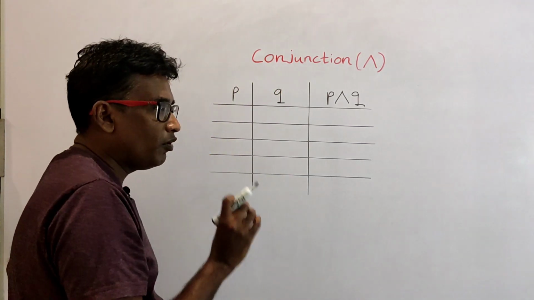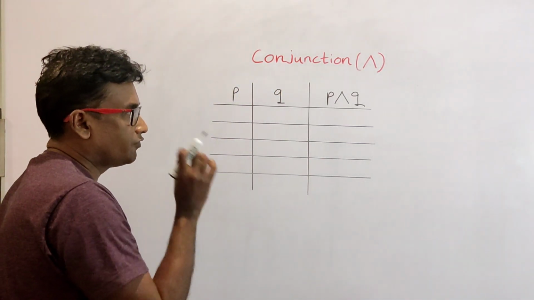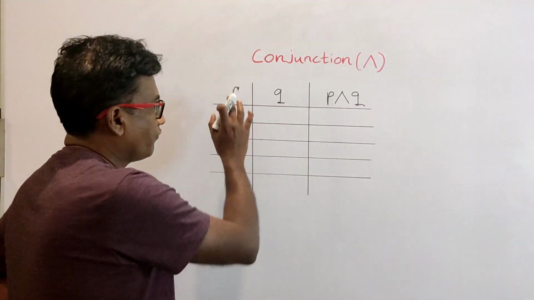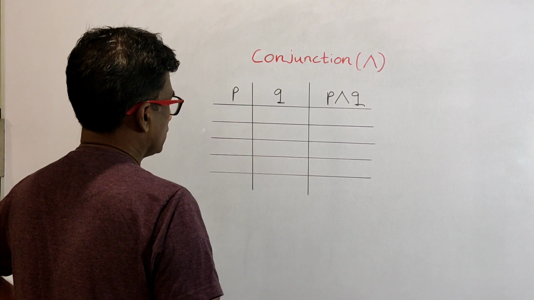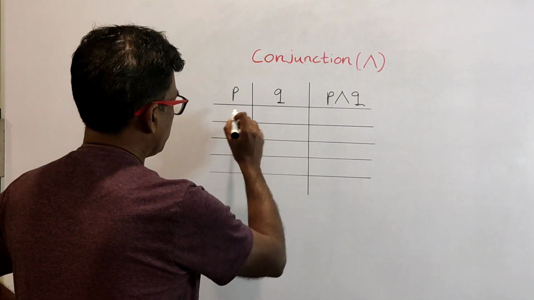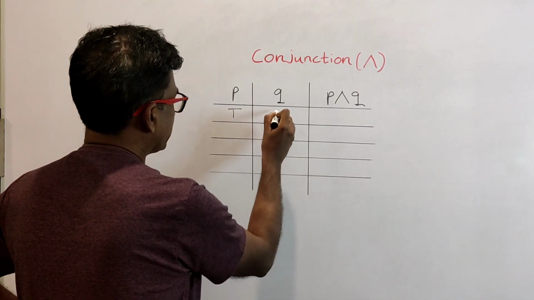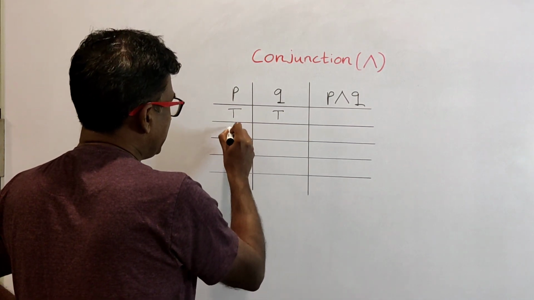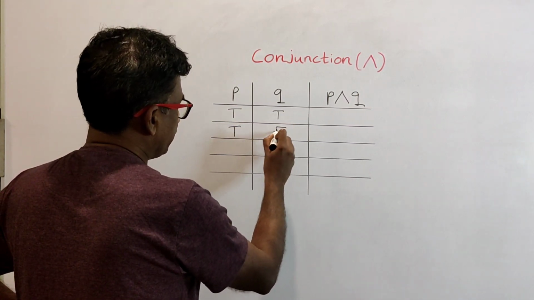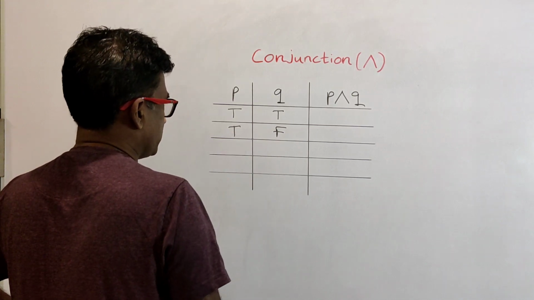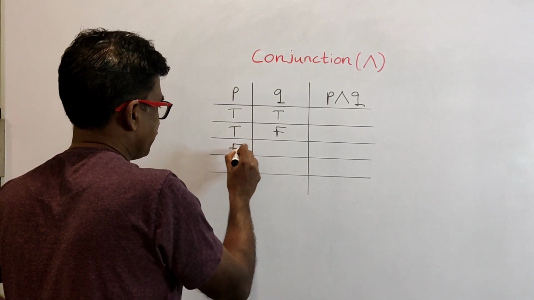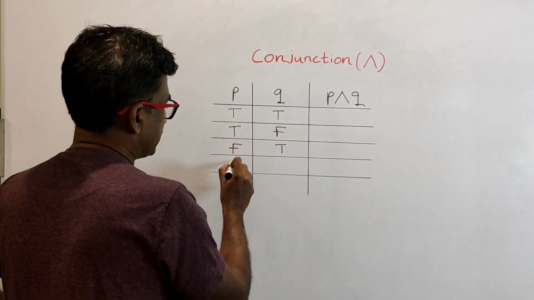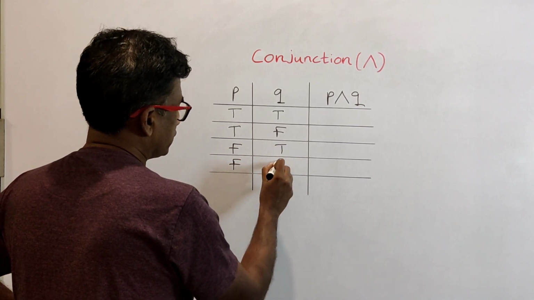There are 4 different possible arrangements. The first possibility is both can be true. Second possibility is P can be true, Q can be false. Third possibility is P can be false, Q can be true. Fourth possibility is both can be false.